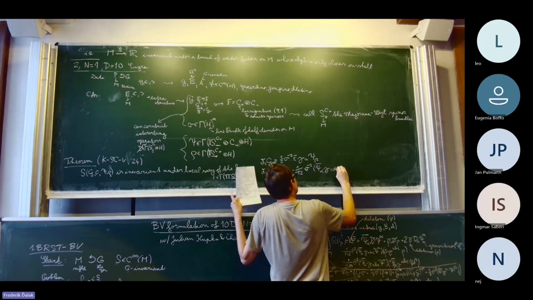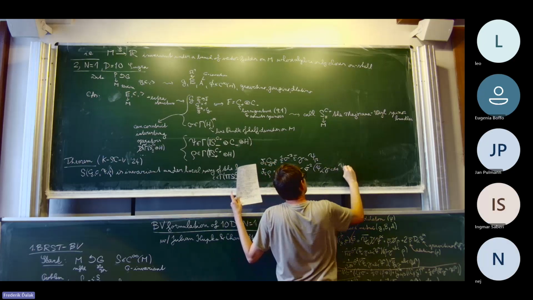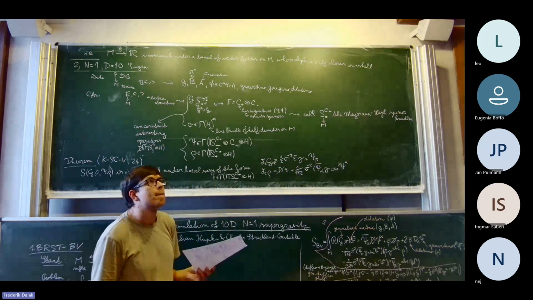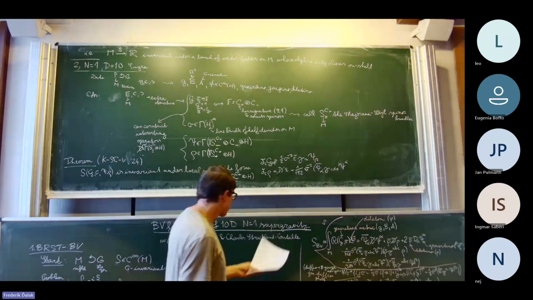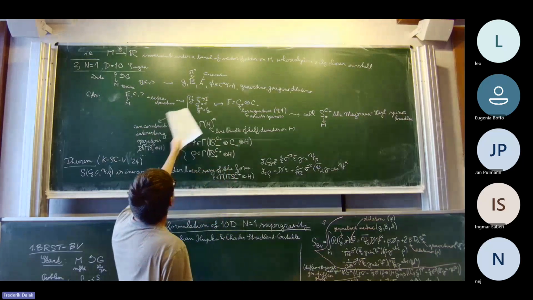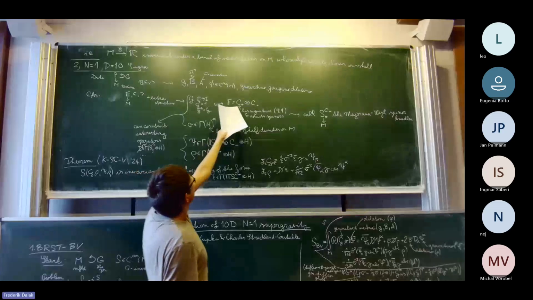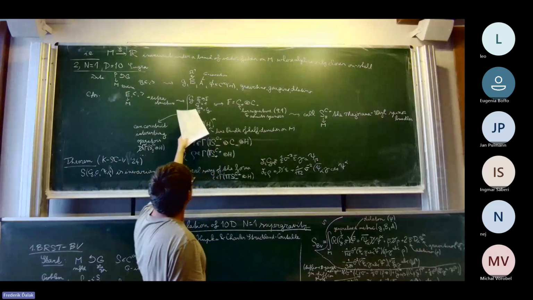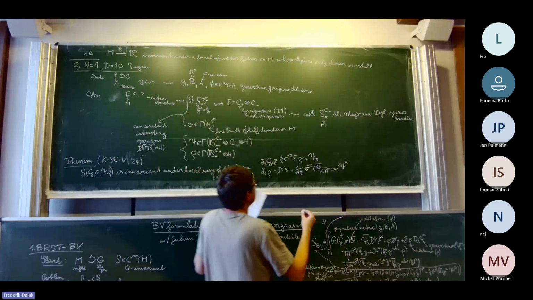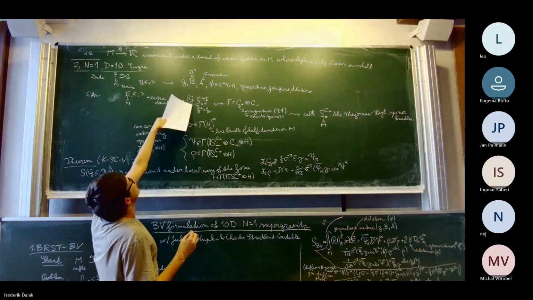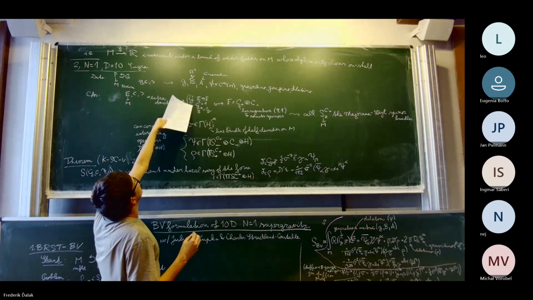So G alpha beta is defined on the space of sections, as a bilinear form on the space of sections. G is an endomorphism of E, so it really goes from this guy to itself. But if you vary it, so if you take these two conditions, with actually the first one. Okay.